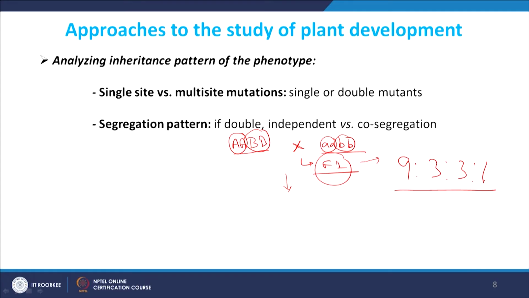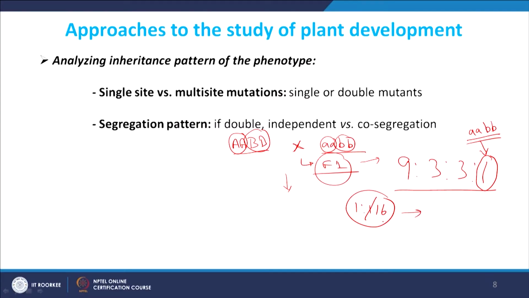And in this case, this is the population which will be double homozygous for the mutant. So, this will be a, small b, small b. If we get 1 out of 16 as a mutant in the F2 generation, this tells that this is a result of a double mutant.